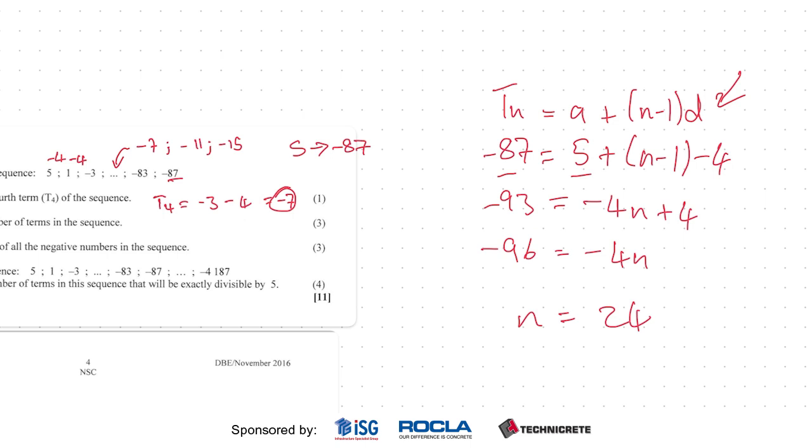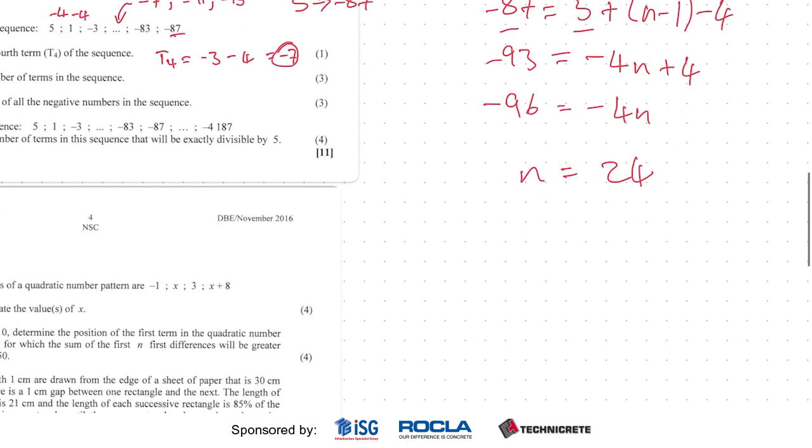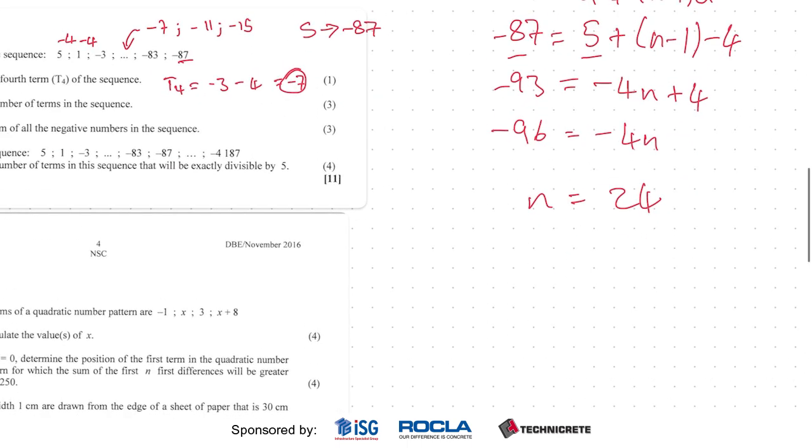Other ways of doing this: you can figure out the maths. You can say something like negative 87 minus 5, and then you get negative 93, and the difference is negative 4. You would do this, and then you would have to round up.